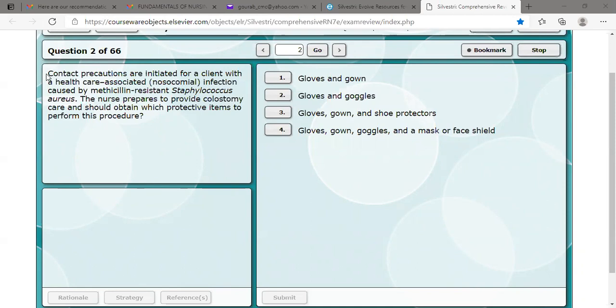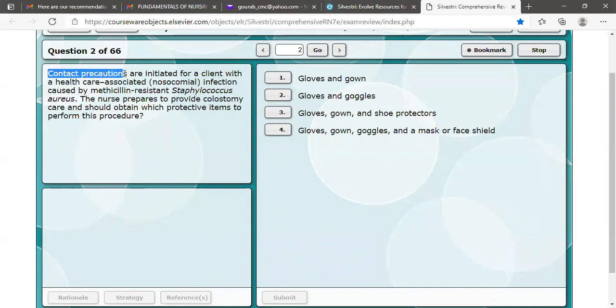Contact precautions are initiated for a client with a healthcare-associated infection, which is called a nosocomial infection, caused by methicillin-resistant Staphylococcus aureus, which we call MRSA. So MRSA is a contact precaution. In this question, the examiner already stated contact precautions, which is MRSA.